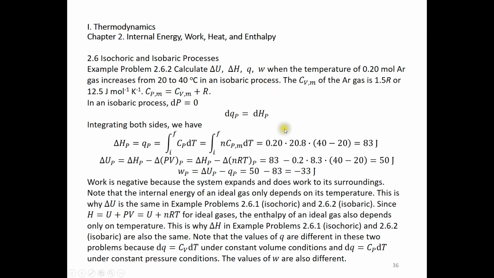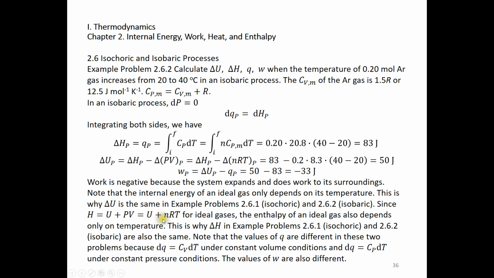Because U and H only depend on temperature, whether it's isochoric or isobaric, we get the same values for U and H. However, we get different values for Q and W. In the previous example, it's isochoric, W is simply 0. Over here, W is negative 33. Why is that? Q and W are path functions, and they really depend on the process. So even if delta U and delta H are the same between these two examples, Q and W can be different.